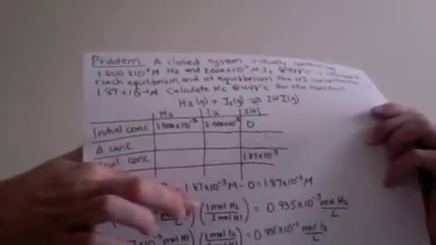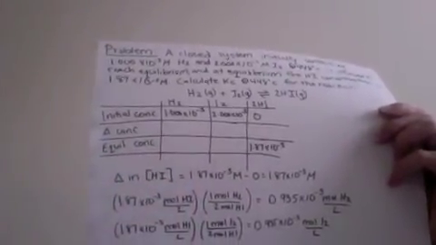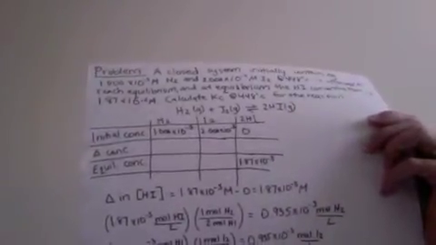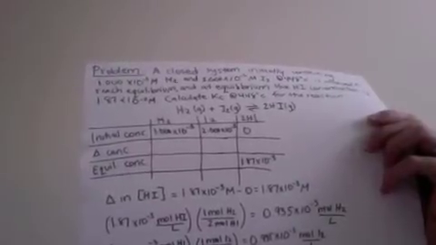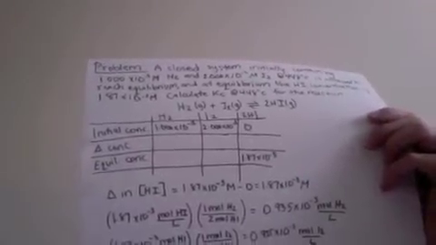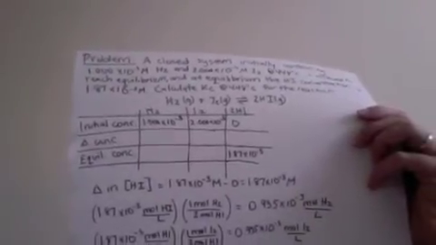We have 1 mole of H2 for every 2 moles of HI because of those coefficients. The moles of HI cancel, and our change in H2 concentration is 0.935 times 10 to the negative 3 moles of H2 per liter, or molars of H2.